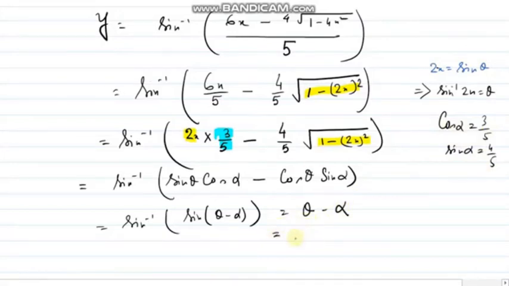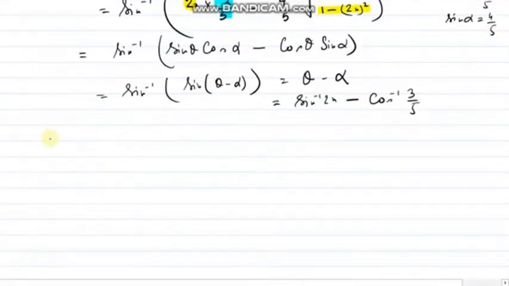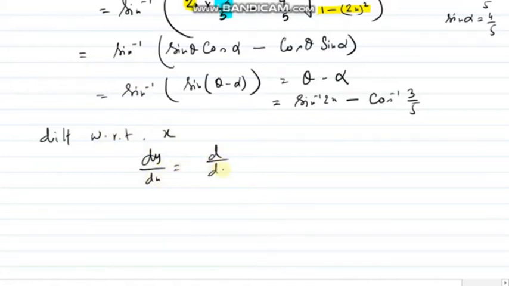So theta is sine inverse 2x minus alpha; if you write cos inverse 3 by 5, it's a constant term, right? So it doesn't matter. Now differentiating y with respect to x, dy/dx will be d/dx of sine inverse 2x minus d/dx of cos inverse 3 divided by 5.